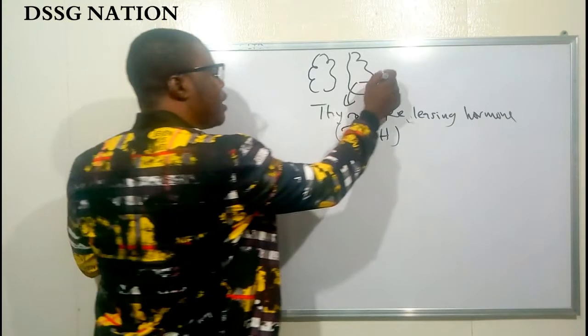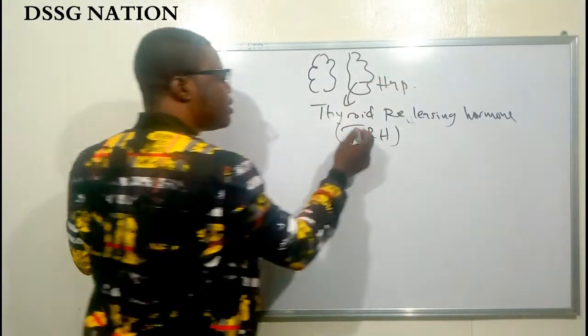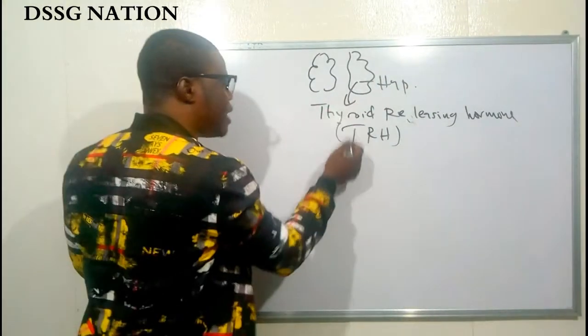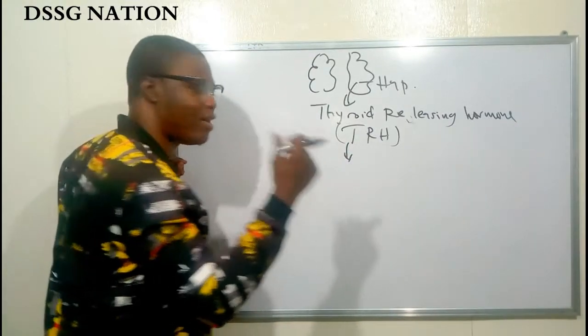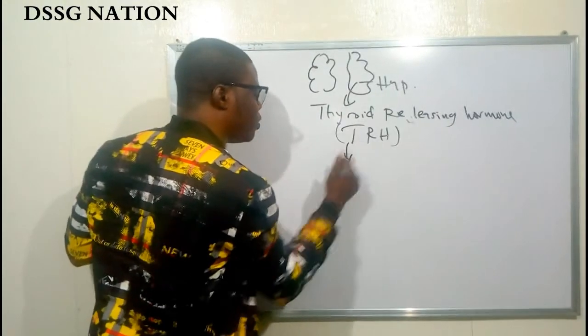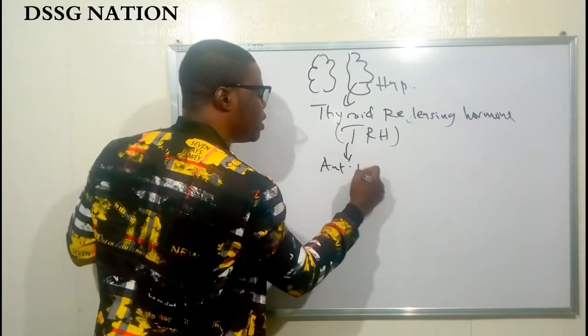The TRH is then going to act on what? On our vice president. I think you still remember that class. So it's going to act on the anterior pituitary.